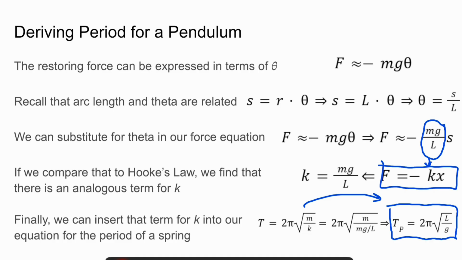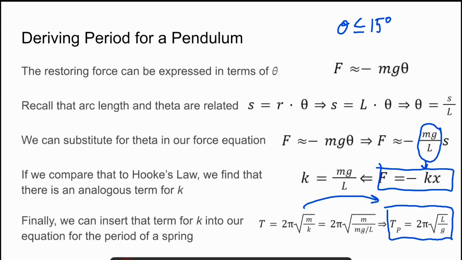And remember, that only works when our angle is less than or equal to about 15 degrees, because that's the range in which we can use that small angle approximation. Within that range, the net force provided by the force of tension and the force of gravity will approximate the restoring force of Hooke's law. But outside of that range, it no longer will operate in the same way.